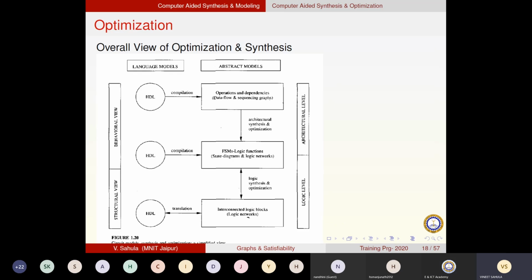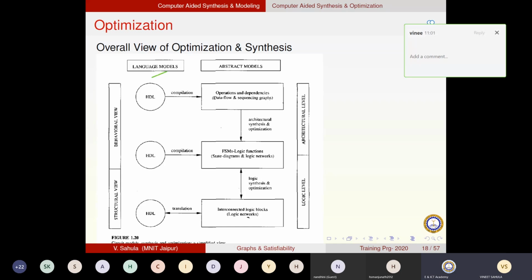That's all I want to say, nothing else. This is the overall view of synthesis. Coming back again to the design flow, we have the first one, the models, right? There are models. Then we have the physical entity, the architecture here. So we start with the behavior, and describe it in a model.